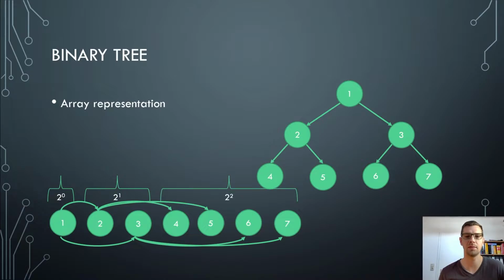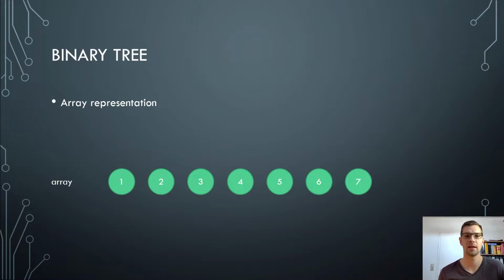That's 2 to the power of 2. And we have exactly the same in the tree representation. If we look here, there we see also that every layer has this amount of elements. And that helps us a lot if we index the tree in the array representation.